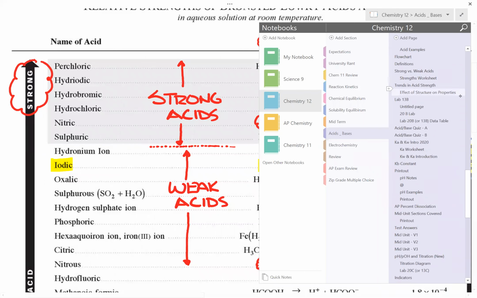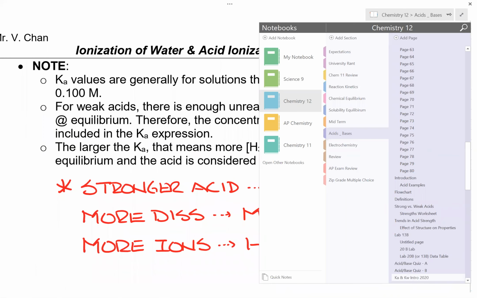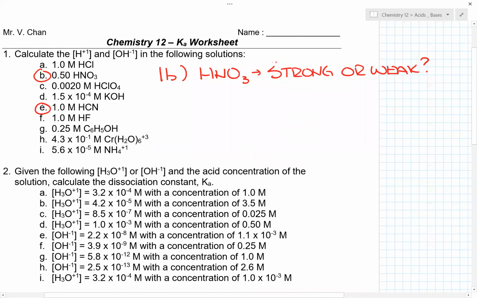It means that it will dissociate completely.